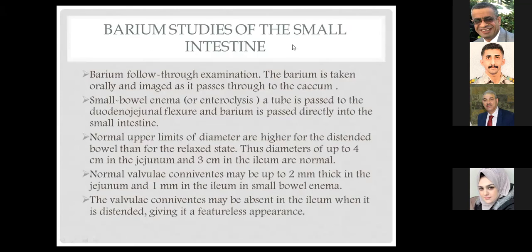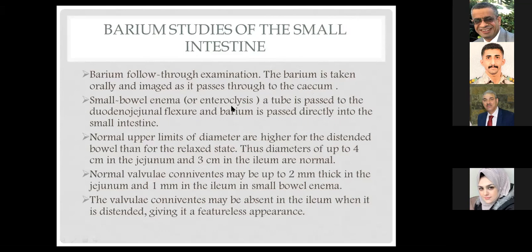Now we come to the barium studies of the small intestine. For the small intestine, we use 2 methods: either barium follow-through examination or the small bowel enema, also called enteroclysis. In the barium follow-through examination, the barium is taken orally and imaged as it passes through to the cecum.